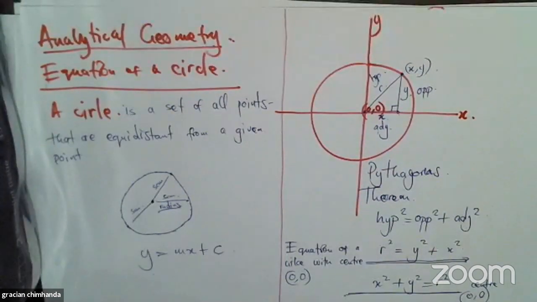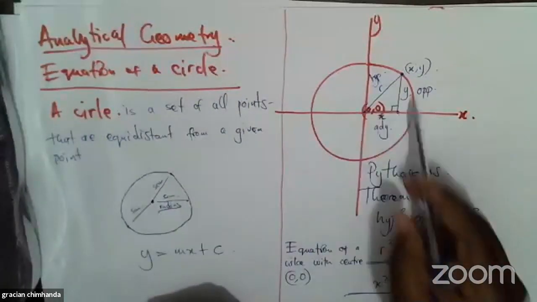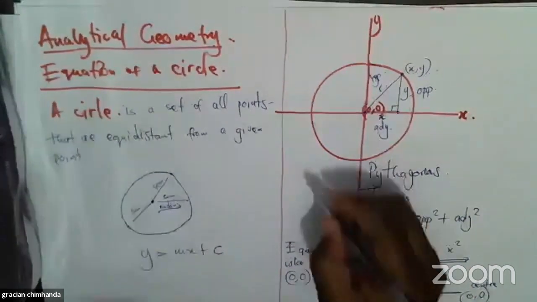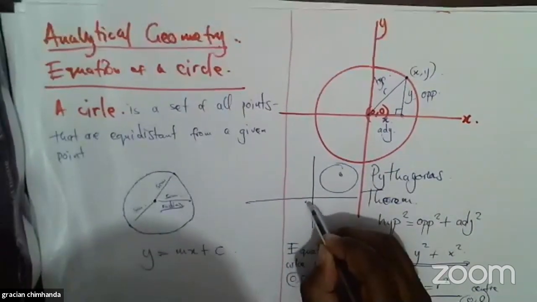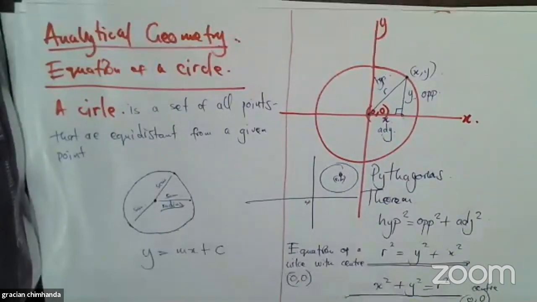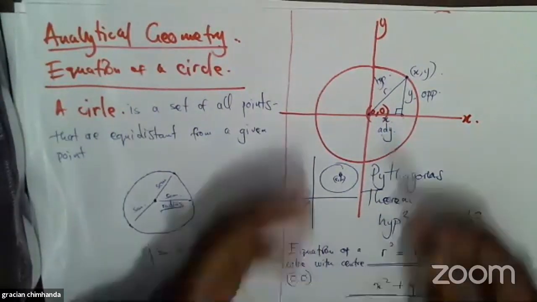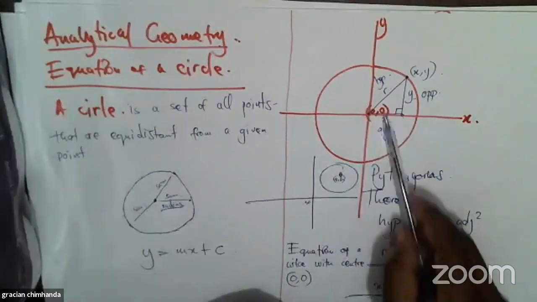But normally the circle does not revolve around the origin. We can have a circle that is drawn somewhere here, and we have the origin here. So this circle has center A and B. We are going to look at this circle when we come back again, so that we will be able to see how we can create the equation of a circle without the center being the origin.